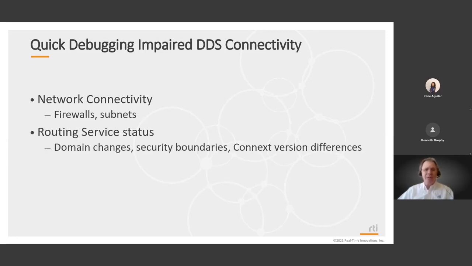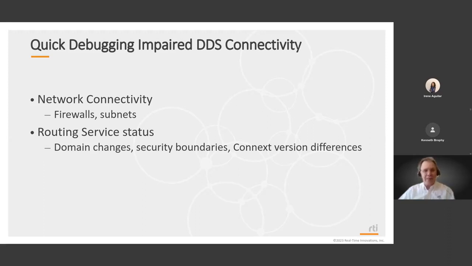Routing service status. Many times customers, if they're using routing service, which is something that bridges domains, if you're going from domain 0 to domain 1, routing service is the tool you want to have in place. Many customers use the default settings for routing service, throw it into a system, and it does work because everything is wildcarded.